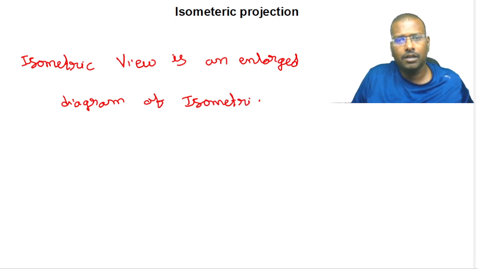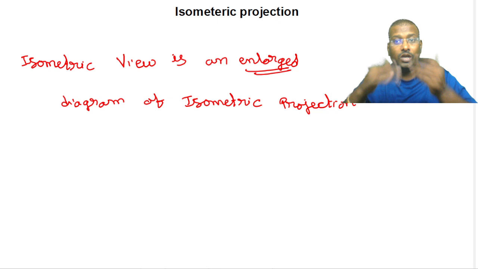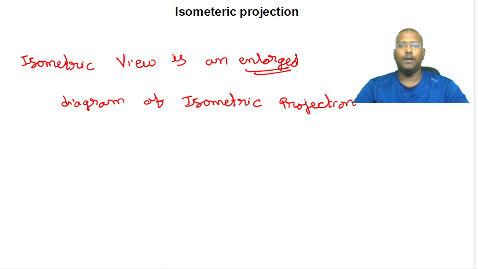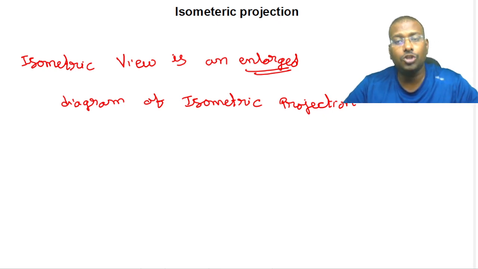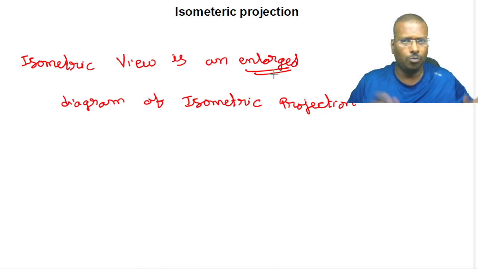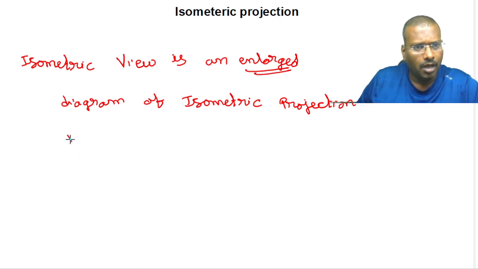Isometric view is an enlarged view, a larger size than projection. Is it clear, my dear friends? Now we have one doubt. How much it is enlarged, sir? All of you carefully observe. Most of the people will be confused here.